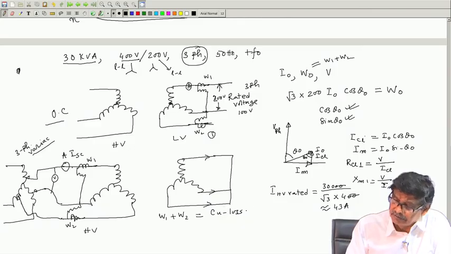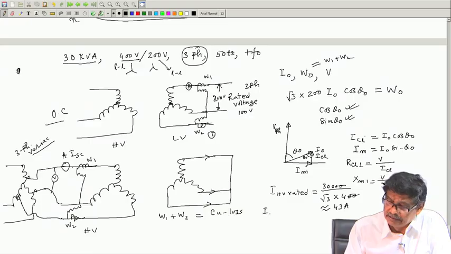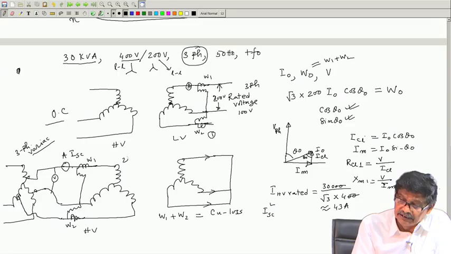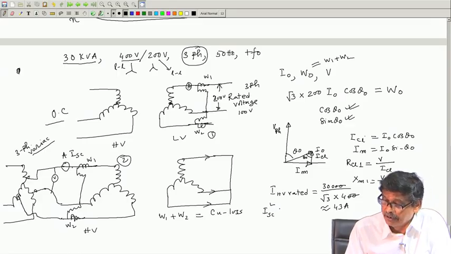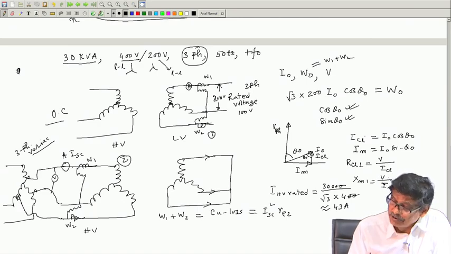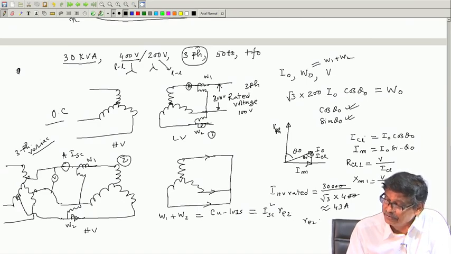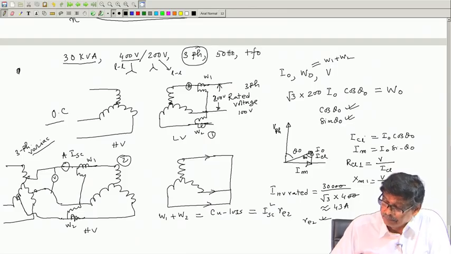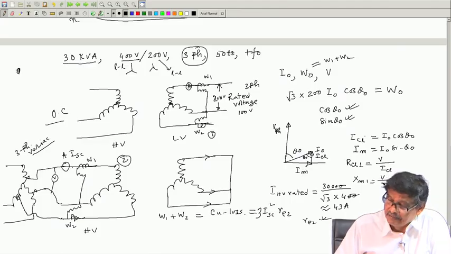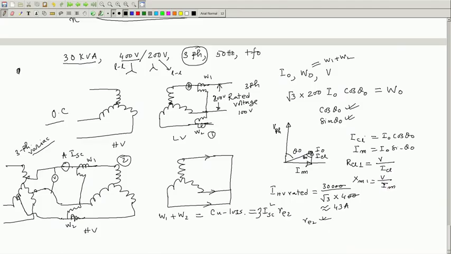Therefore, copper loss we assume this, and then ISC square into R, this side I have called 1, this side is 2. So, ISC square RE2 will be this, from which RE2 is known, into 3, okay, total copper loss.